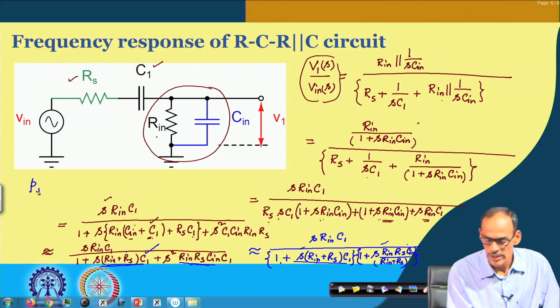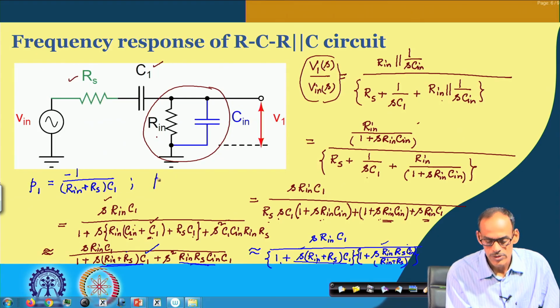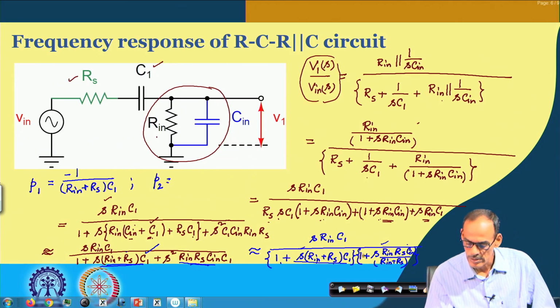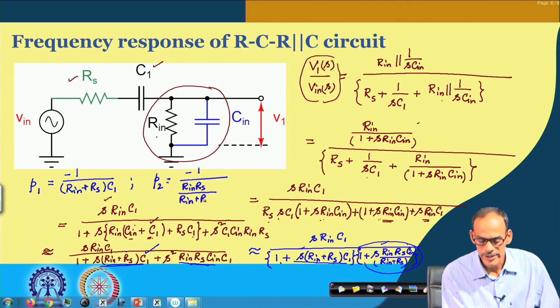So, we can say that P 1 is coming from the first one, and the location of the pole is minus 1 by R in plus R s multiplied by C 1, and then the second pole P 2 is coming from the second factor, and it is given by minus 1 divided by R in into R s divided by R in plus R s multiplied by C in.